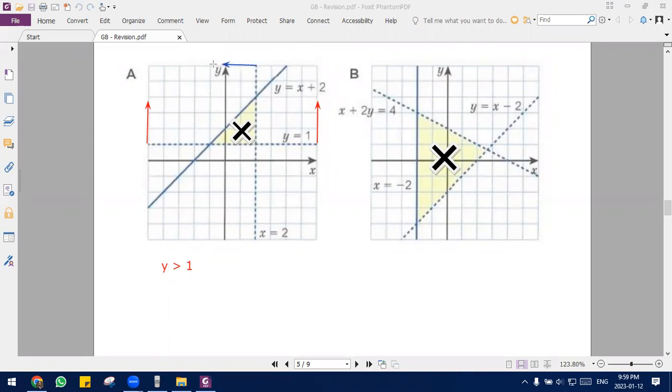So now I need to define the equation for that region. So x should be less than 2 because I need values less than 2. So we write here the second equation, x less than 2.